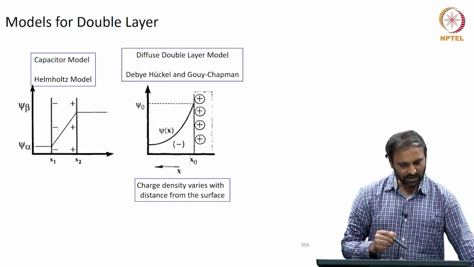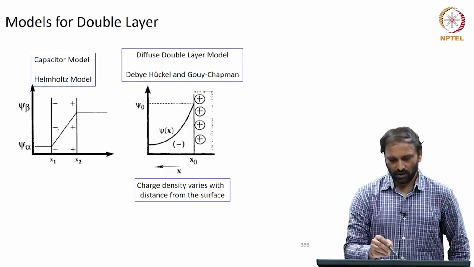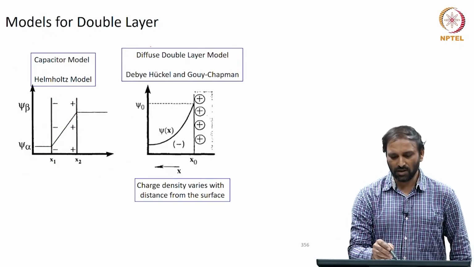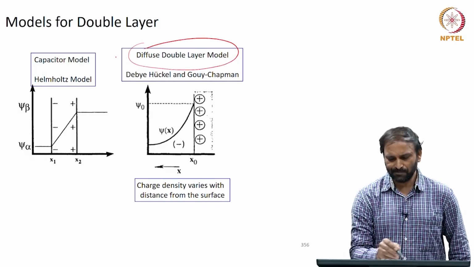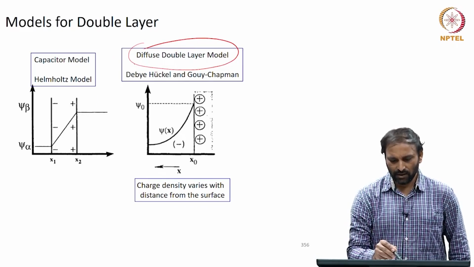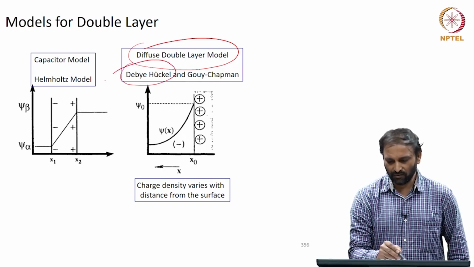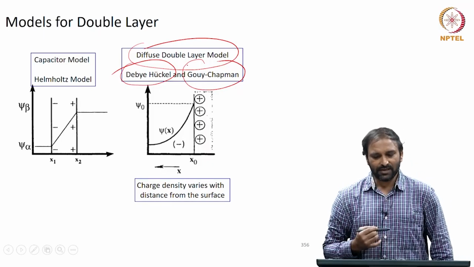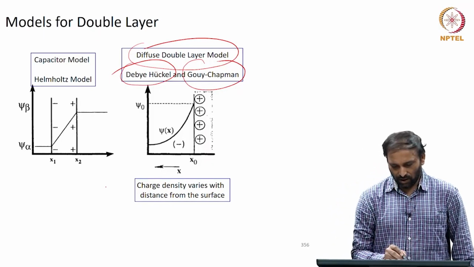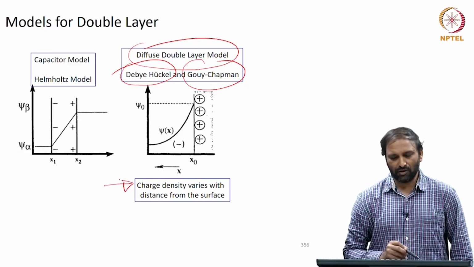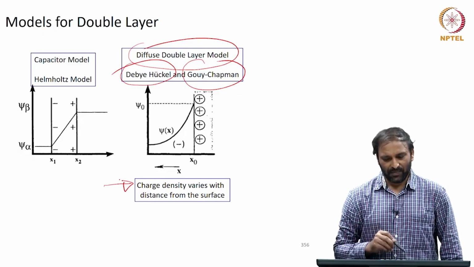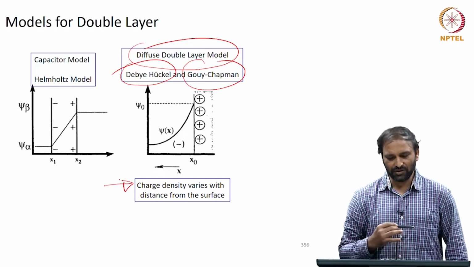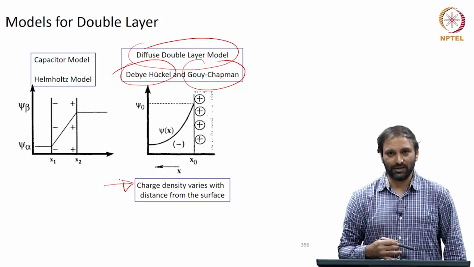And the next class of models that we looked at was called the diffuse double layer model. In that we looked at the Debye-Huckel formulation and the Gouy-Chapman formulation, in which the correct picture of the distribution of charges in the solution is considered.